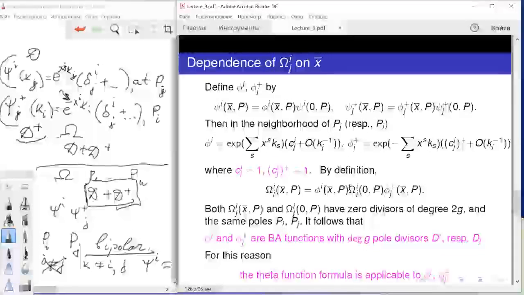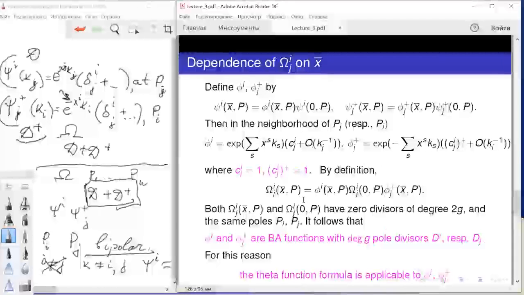So this differential in the middle has a zero divisor of degree 2g, and the differential on the left-hand side also. Both of them have the same two poles.